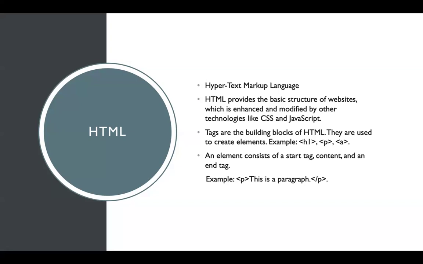Tags are used to create elements, and then inside of that element, you can put your content. Again, it might sound complicated right now, but I'm going to show you an example. It's not that difficult. An example would be that <p> right here is a tag, and another </p> is another tag. The first one, which doesn't have the slash right here, is what we call a starting tag. And the last one is what we call the end tag.